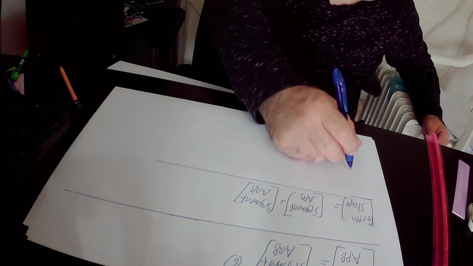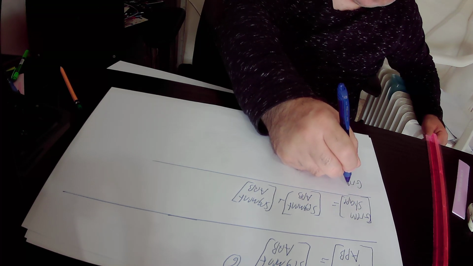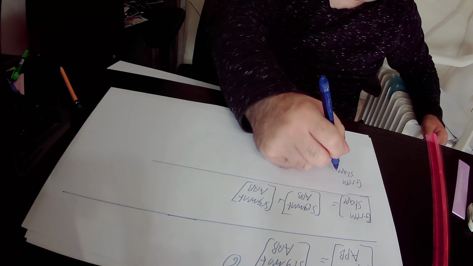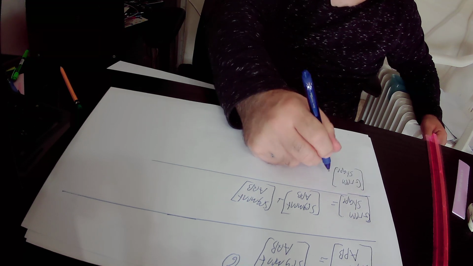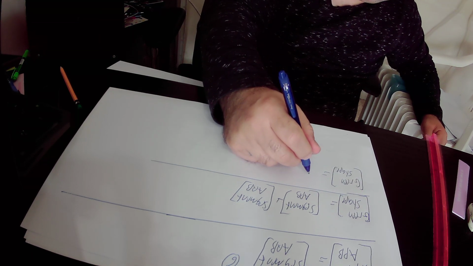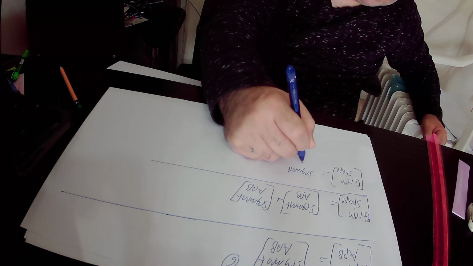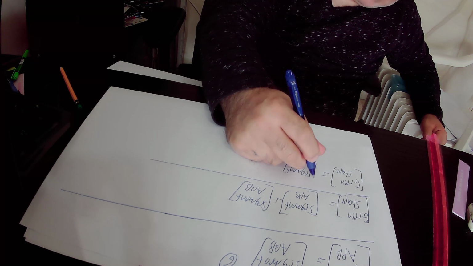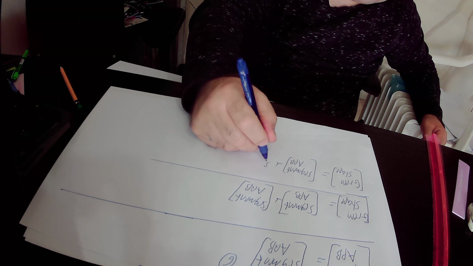We'll do it now and we will get that the area of the green shape is equal to the area of segment APB plus the area of segment AQB, but we will substitute the area of segment AQB by the area of segment APB.